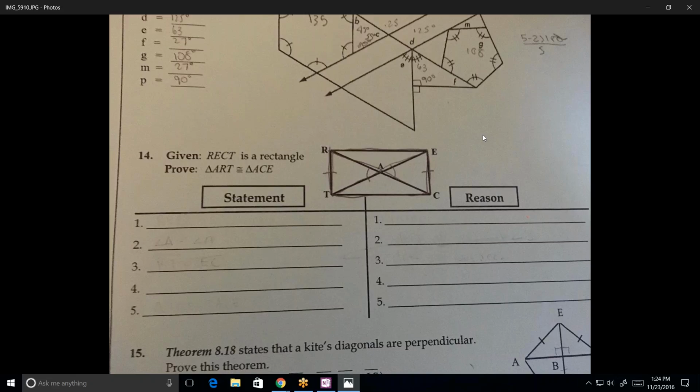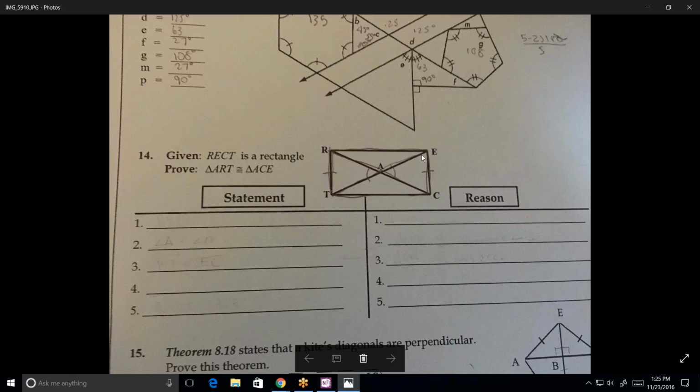The one obvious thing that stands out is these two vertical angles. I would definitely use that. Now, this side over here being equal to that side, not so helpful if you're dealing with these two angles. That's going to eliminate side, angle, side, and angle, side, angle.